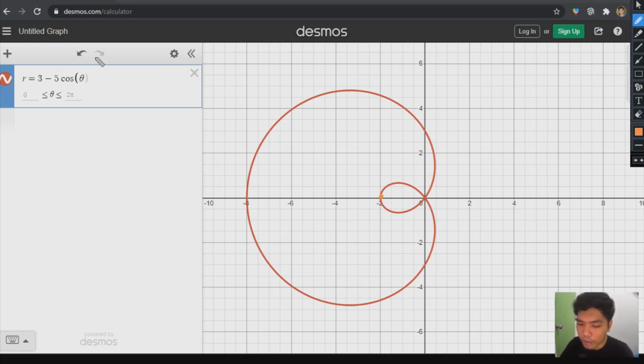So, we could have 5 cosine pi over 4, and this should give you a value that's negative 0.5355. So, in that case, that's around here. So, diba, from 0, then tataas ka. So, that is, sabi ko nga, pi over 4. So, it's around here. Pag pi over 4, gitna yun. Okay? And then, sabi dito, meron kang negative 0.535. So, ito yon.